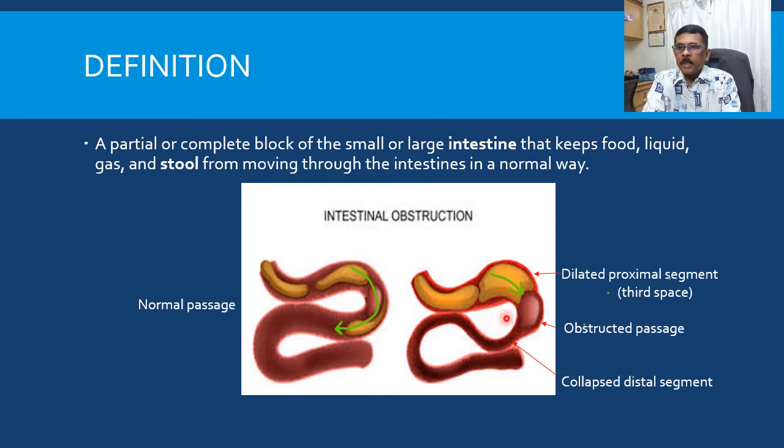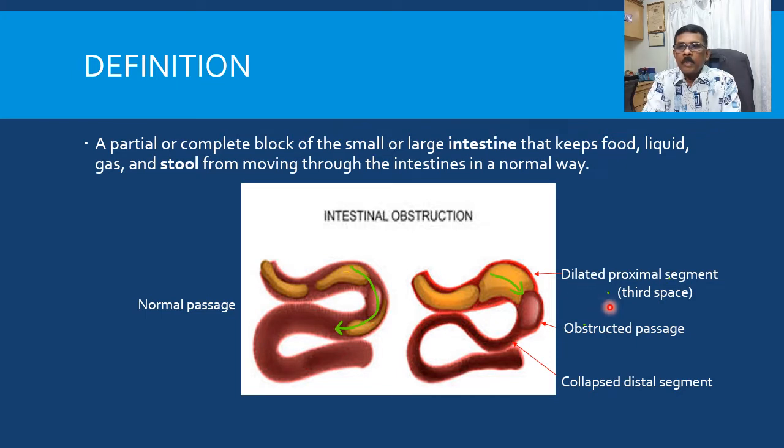In this diagram here, the passage is blocked by an obstructive lesion somewhere in the small intestine, thereby impeding or blocking further passage of the food. And what happens? The proximal segment becomes dilated, and this is known as the afferent loop.